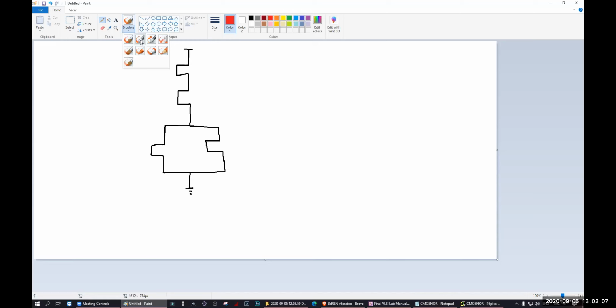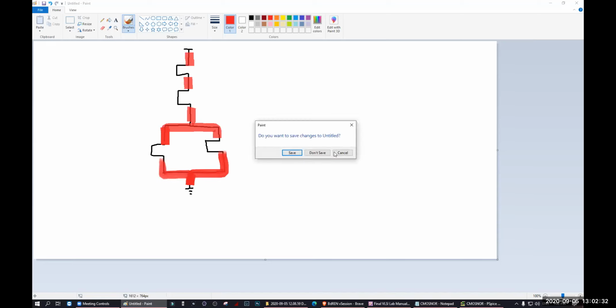You can use brush. You can use something else as well, like this. You can change the brush. Okay, you can do this if you want.